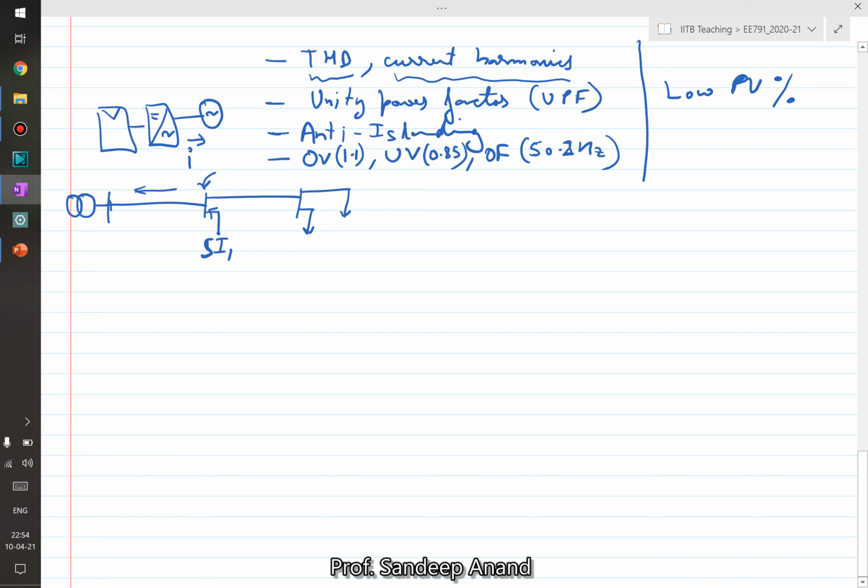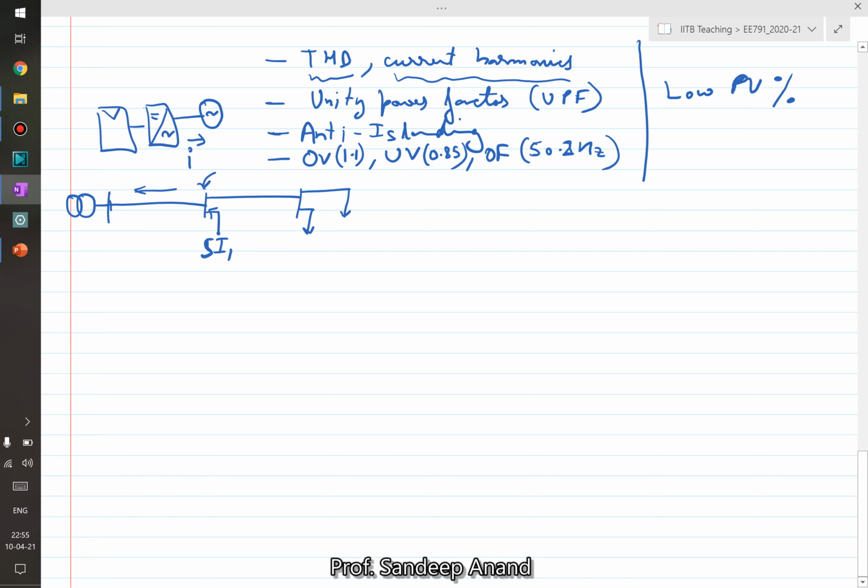The main reason has been the continuously reducing cost of solar photovoltaic panels, the concerns for climate change, and so on. So now the picture of PV that most grids are looking at is continuously increasing penetration of PV in the system.